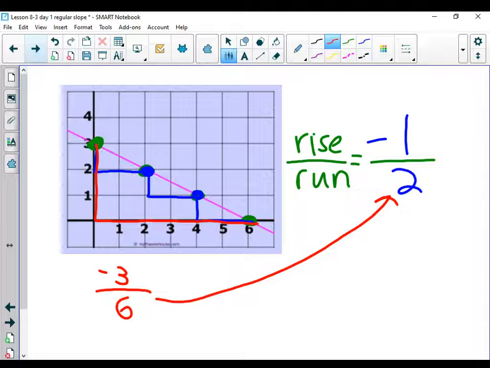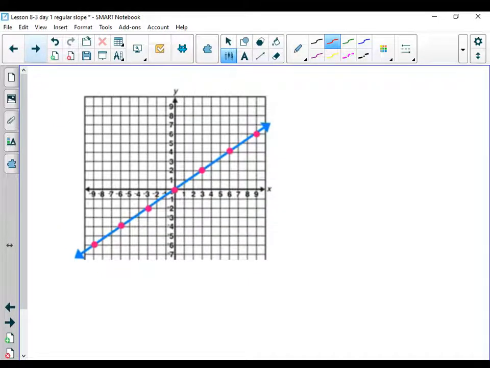Feeling a little bit better? 2 left. I'm looking at this one and it looks like it's going up. Positive answer.